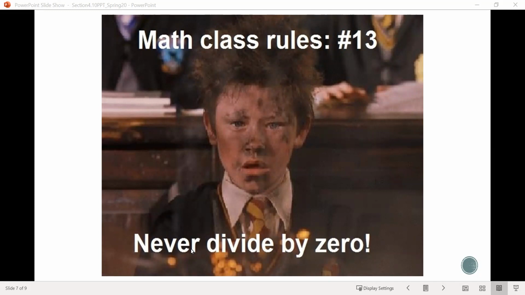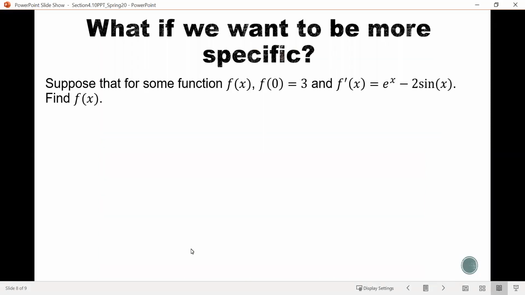Okay, so we are in section 4.10. We're learning about antiderivatives. So this is kind of when we do the opposite of a derivative, right? And we talked about, with the ones that we did before, taking the most general antiderivative.